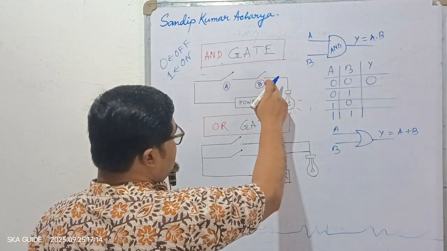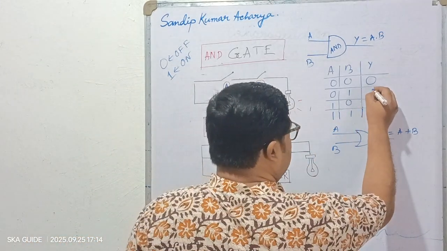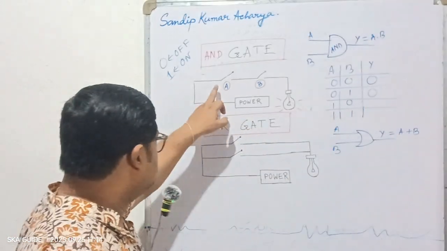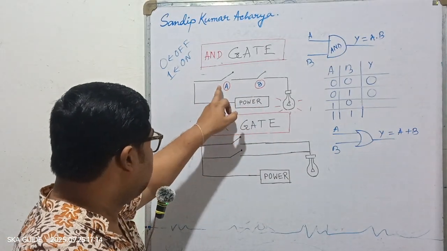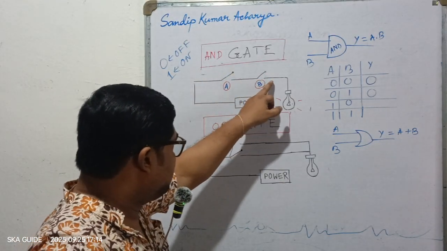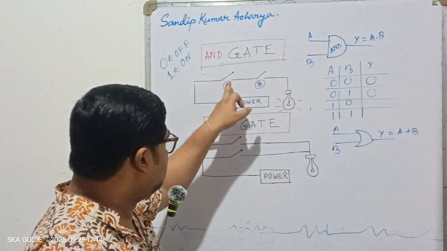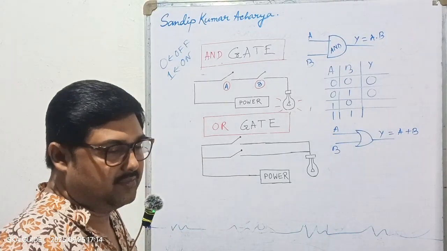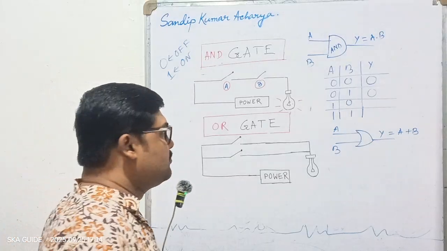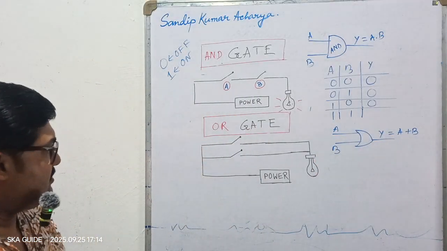Power is not reaching the bulb, so the bulb is not glowing, so it is also in off state. Again, for 1 0, A is connected or the circuit is closed here, but B is not closed, so the power supply is not moving forward to the bulb and the bulb is not glowing. So the output is in off state, so it is also a 0.